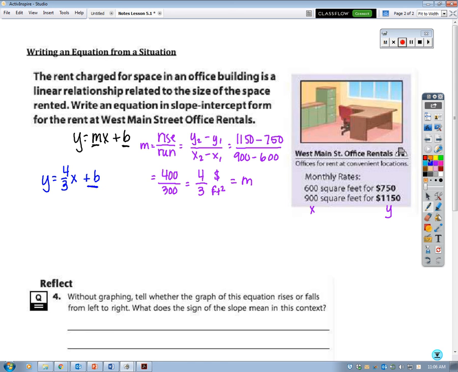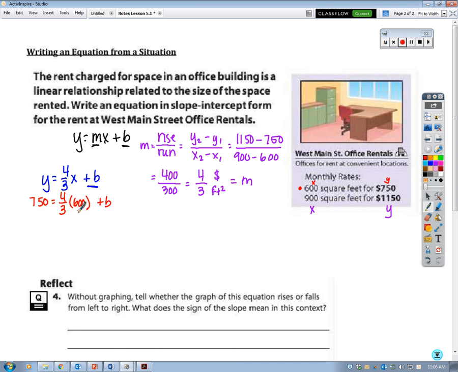We're going to plug in 2 of these values, and let's just pick these 2 here, their x and y, and plug those into the equation. So y is 750 equals 4 over 3 times 600 plus b. Okay, so now I've got everything and I should be able to solve for b.